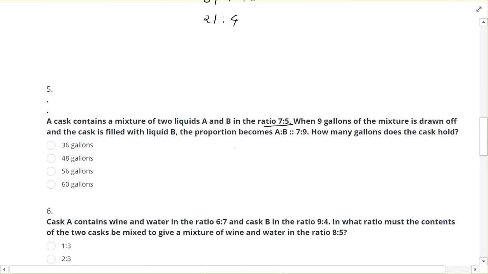Okay, but let me solve it. So 7 plus 5, that is 12. So 9 into 7 by 12 is drawn off. If we talk about A, and if we talk about B, 9 into 5 by 12 is drawn off. But 9 is added back completely. This is subtracted and this is added.